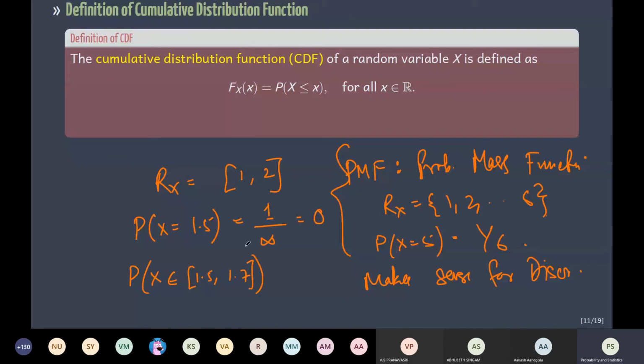And in particular, what will make sense is something which is measurable and has some concept of length, right?